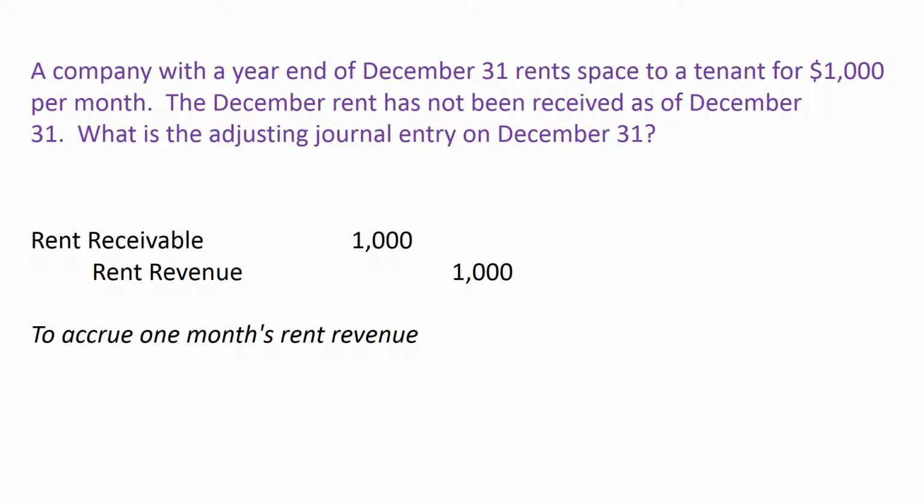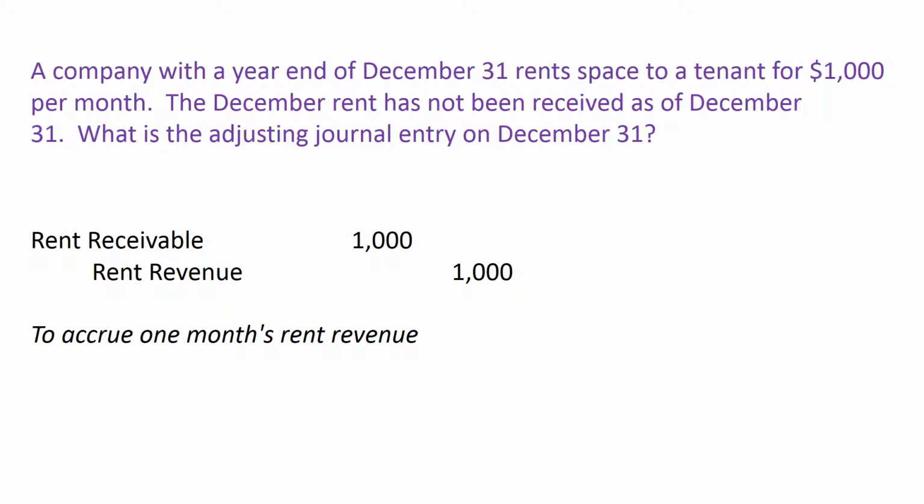Example 1. A company with the year end of December 31st rents space to a tenant for $1,000 per month. The December rent has not been received as of December 31st. What is the adjusting journal entry on December 31st?